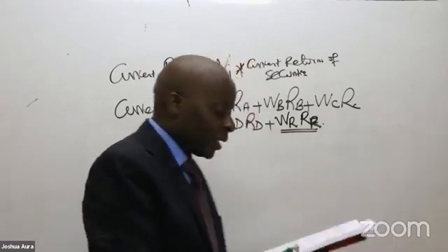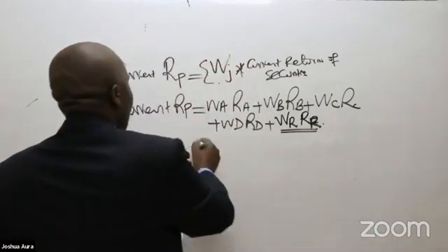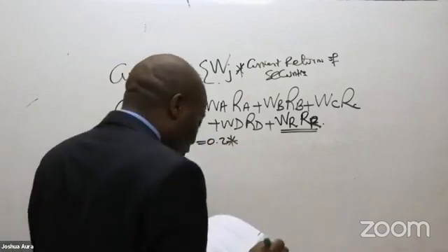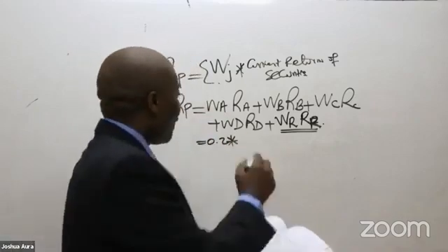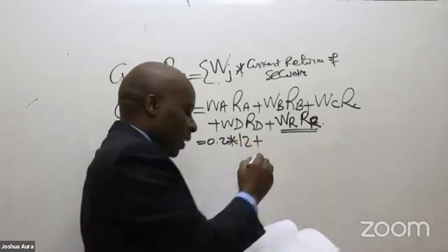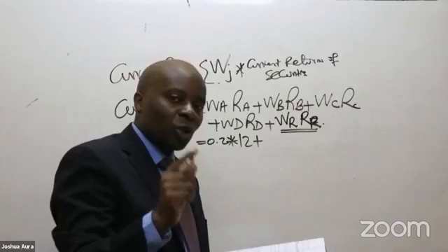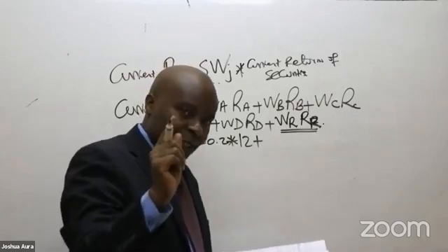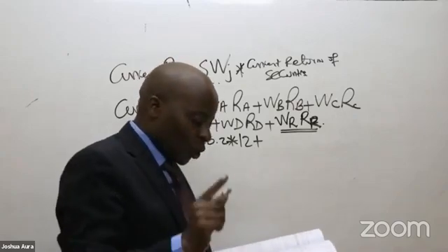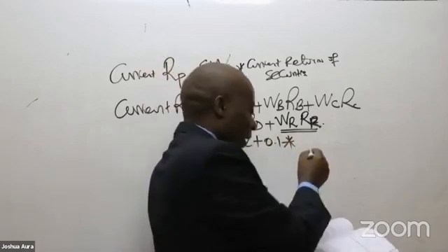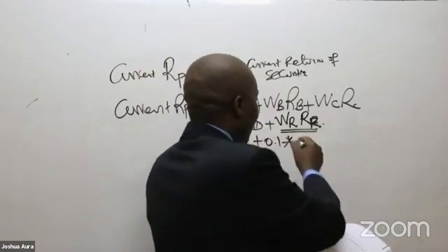So very fast, ladies and gentlemen, the weight of A is 0.2 multiplied by the current return of A, which has been given there as 12. Plus we have the weight, which must be point something because the total weight must always add up to 1. So we have the weight of B is 0.1 multiplied by the current return of B, which is 18.